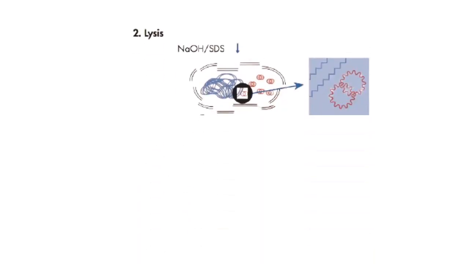The second step is lysis. After resuspension of the cell, destabilizing the cell and inactivating DNases as well as RNases, now we need to break open the cell. As we saw in the DNA isolation also, breaking open the cell is the main step, because we need to break open the cell, remove the unwanted material, and isolate our target material.